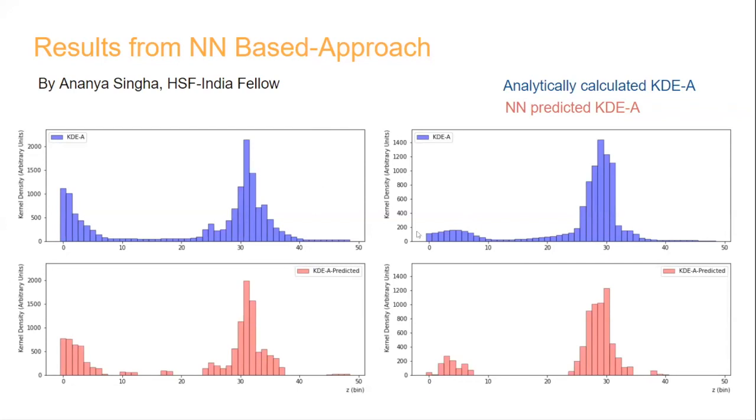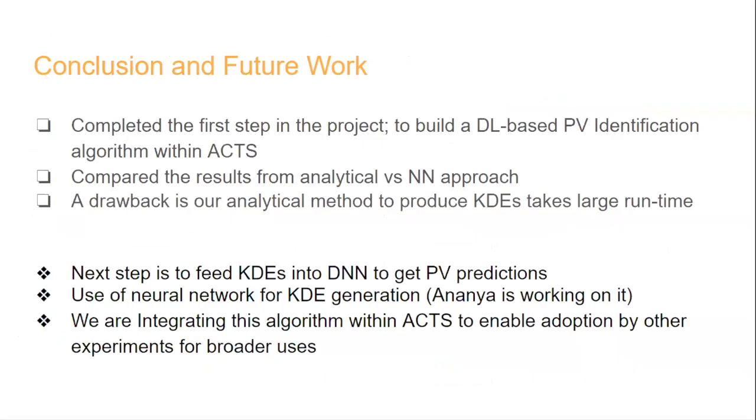The work on this approach was done by my colleague Ananya, who is an HSF India fellow. If you have questions, you can send her an email for any details about this approach. So as a conclusion, we completed the first step in the project.